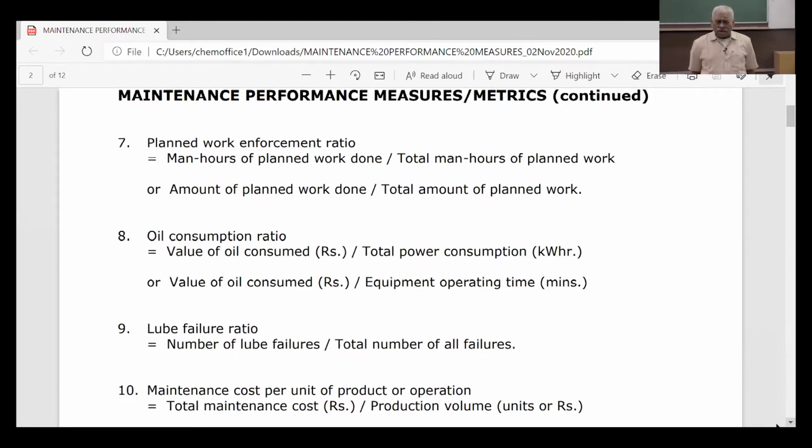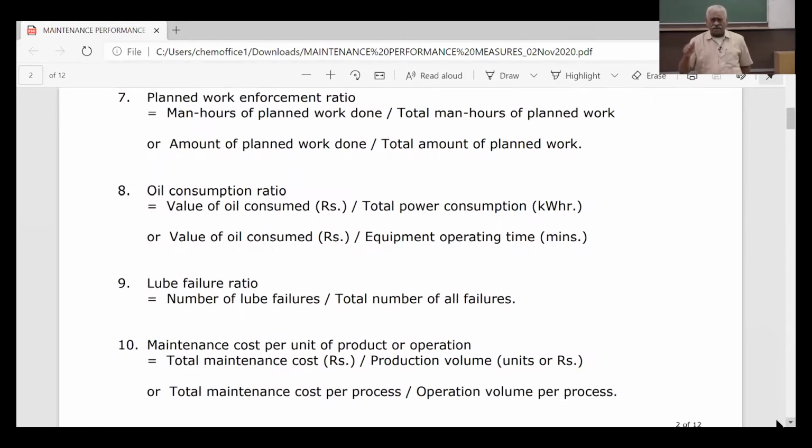That is, per kilowatt hour of power, how much oil are you consuming? It's a very good indicator. Or you can have it per operating time in minutes. You calculate this over a period, and that gives you the oil consumption ratio. I hope this is clear.